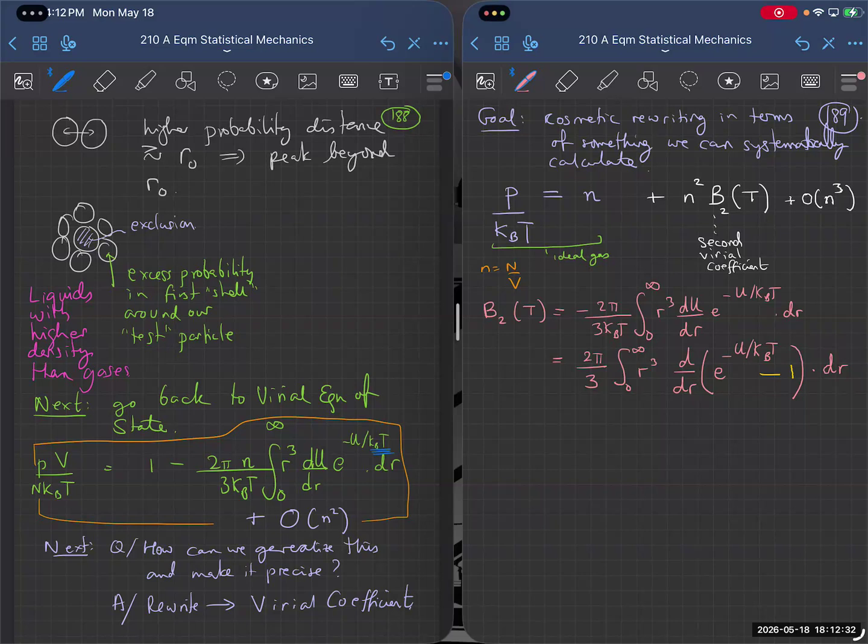If I differentiate it, it gives 0, right? But you'll see where that comes from in a second. There's nothing to stop me putting that in, so I've done it. That's the clever bit. And then let's write this in the following way. Now let's do the integral. I'm going to do the integral by parts.